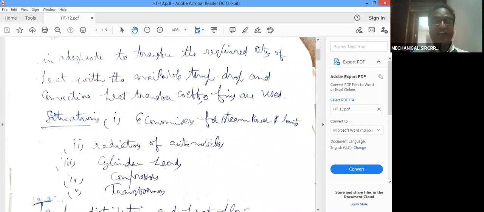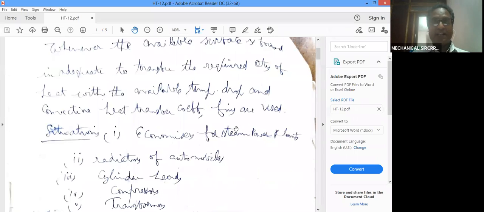If you increase the surface area, you can remove more heat, so the heat removal rate can be increased.